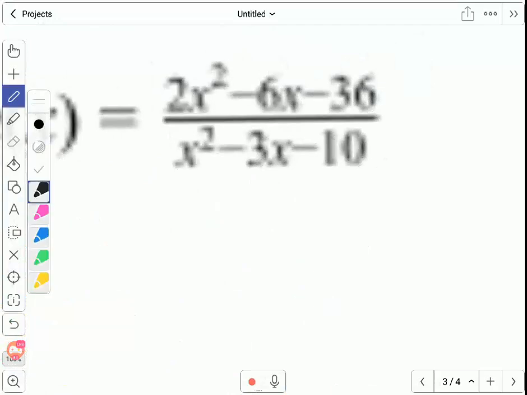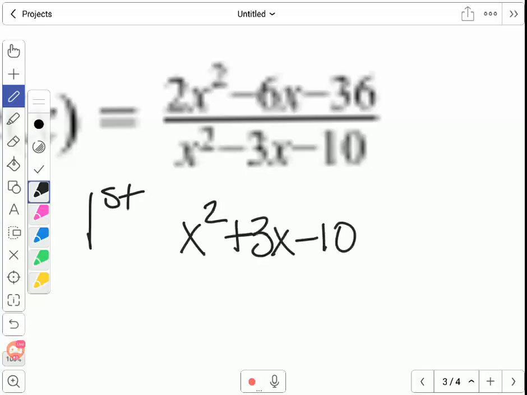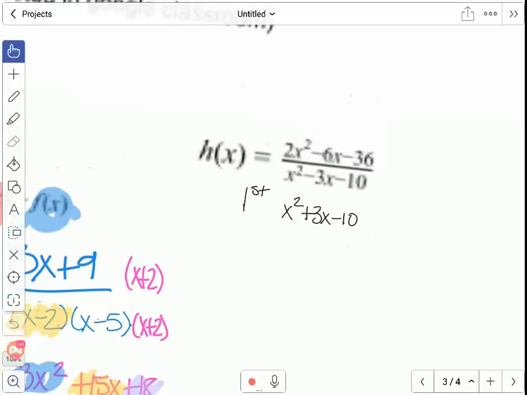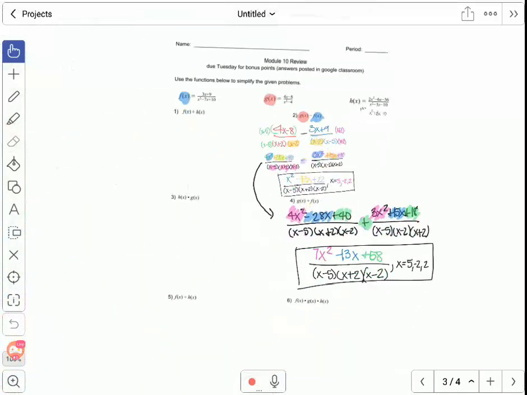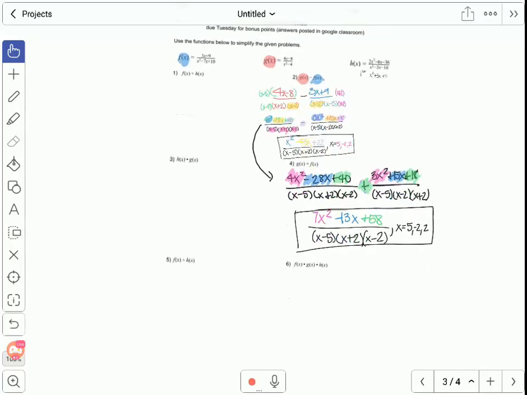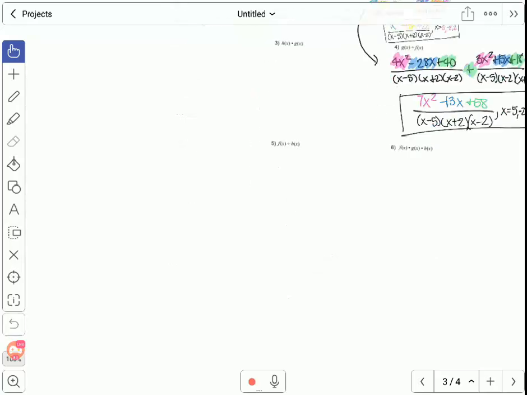So for 1st period, the function we're going to work with is the denominator is going to be x squared plus 3x minus 10 here. So it's just going to change our answer a little bit, but it's not going to change our process. But I will do this problem twice. So it says I have f of x, which is my 3x squared plus 9 over x squared minus 7x plus 10.